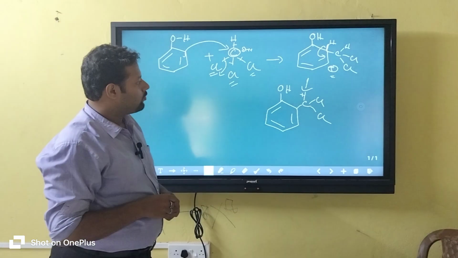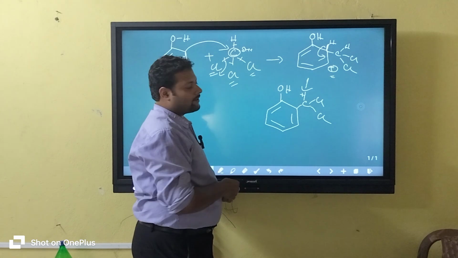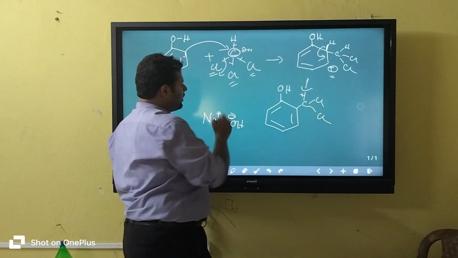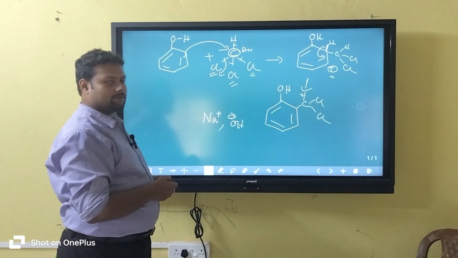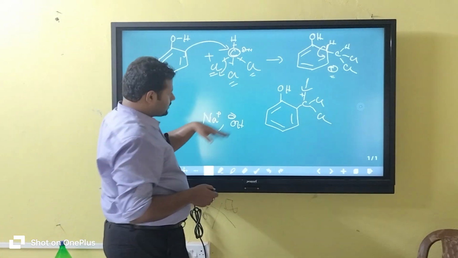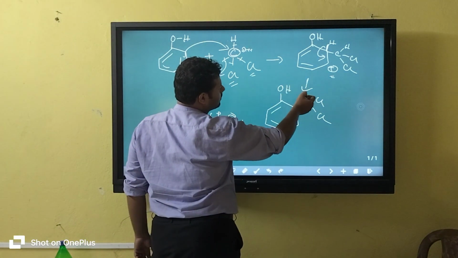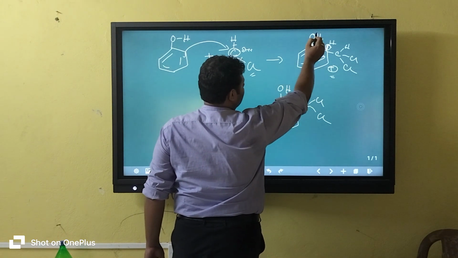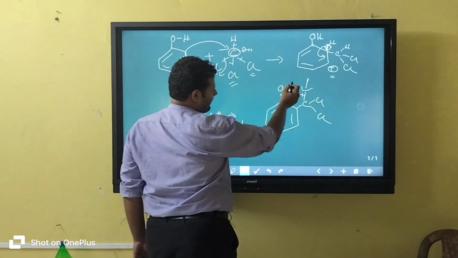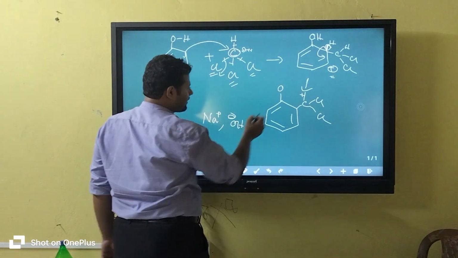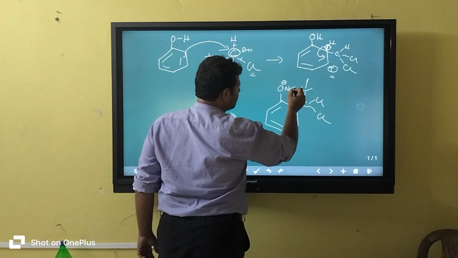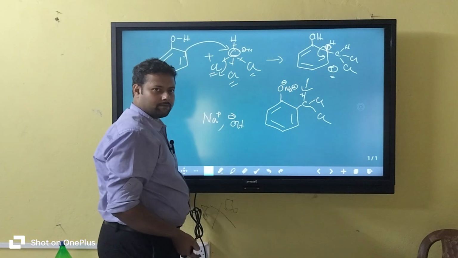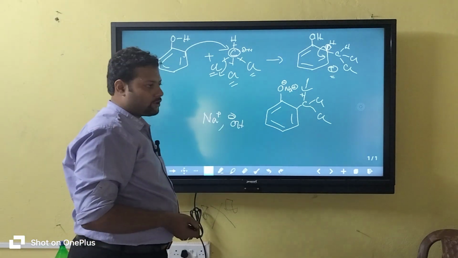Now if you remember, we had aqueous NaOH, which means we will have Na plus and OH minus ions in the reaction mixture. So in the whole process, phenol loses not only this C-H bond but also this hydrogen. As a result, we will not have any hydrogen atom here, rather we will have a phenoxide anion like this, because the OH minus picks up that hydrogen, which has an acidic character.